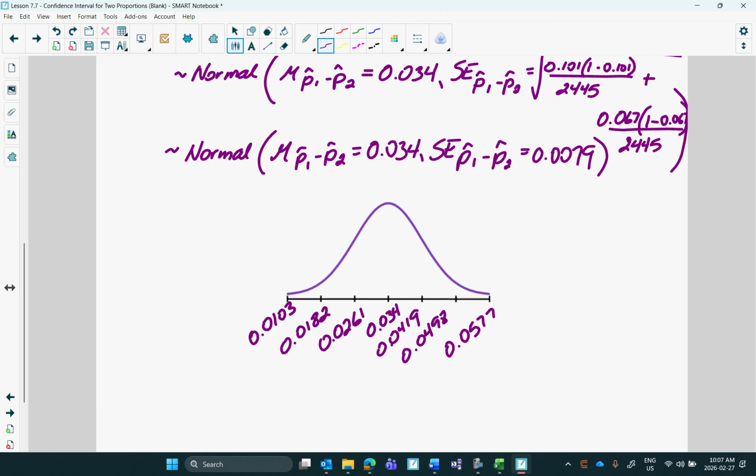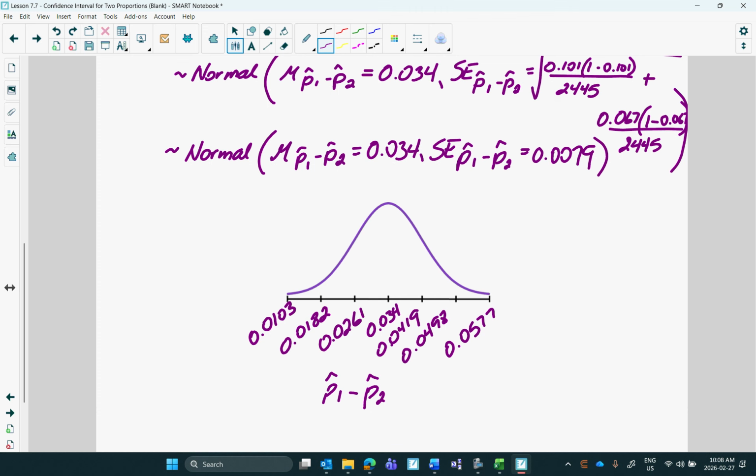So just remember, this is when we do a distribution of all the sample differences. And because we want 95%, how many standard deviations is that away?